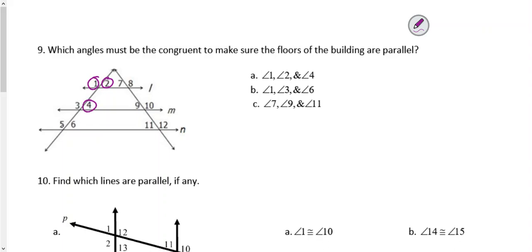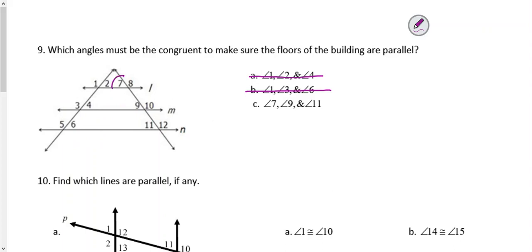But none of my circles hit line N, so it can't be that. B says 1, 3, and 6, okay? I have a circle on line L, a circle on M, a circle on N, but the circles are not in the same place. I have 2 outside, 1 inside. So it can't be that.